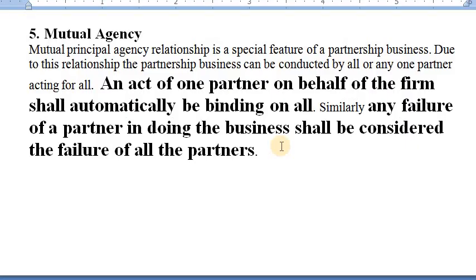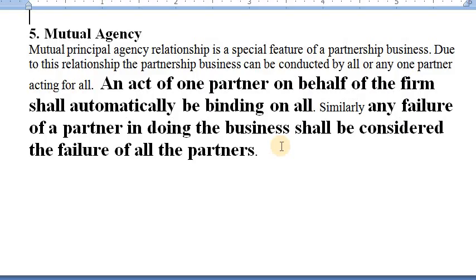So there is a relation between the business and the owner, between the owners. Mutual agency means one owner can speak for the others. In other words, an act by one partner on behalf of the business will be binding on all other partners. Means as if they also have done. They cannot disown the responsibility.